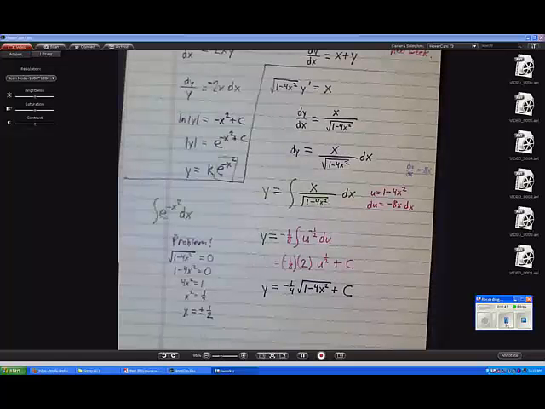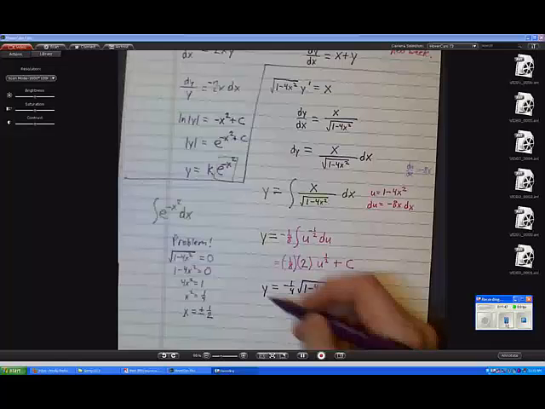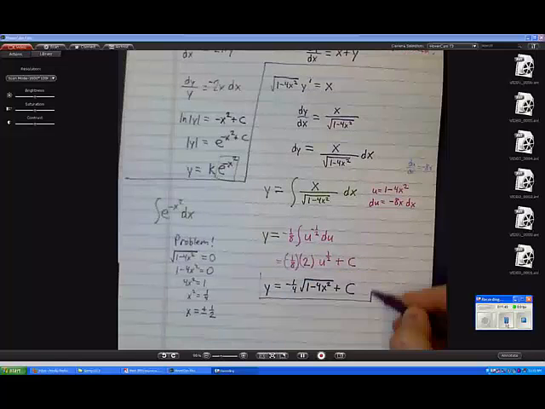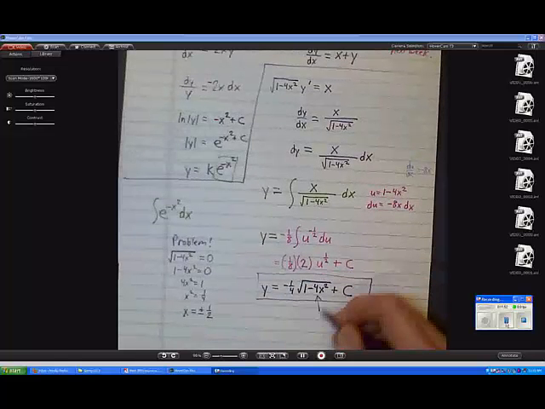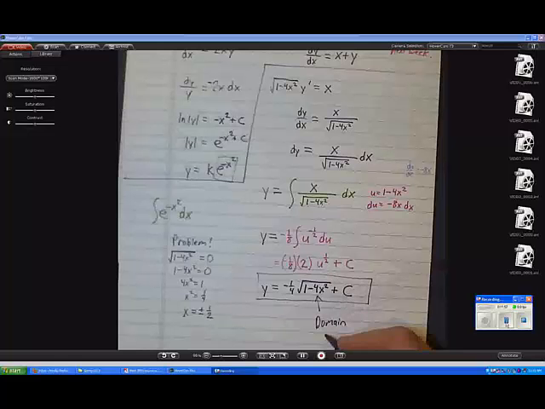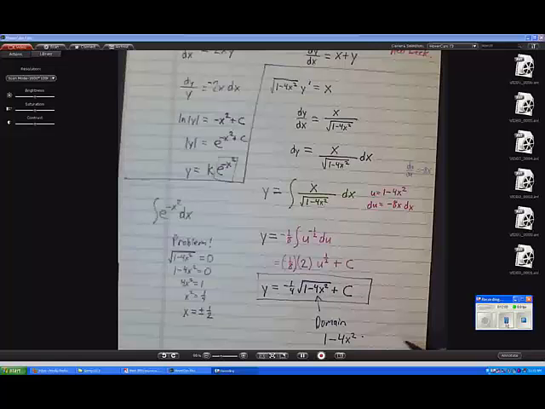What is the domain of this function? You know, when I write that these are my solutions, maybe I should think about the domain. Isn't it true that we need 1 minus 4x squared to be what? It has to be greater than or equal to 0 in general, right? So we need negative 4x squared to be greater than or equal to negative 1.